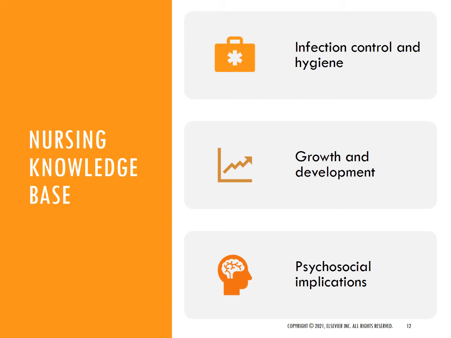We begin with infection control and hygiene because safety is always paramount. It's always our most important concern when providing care for patients. Remember, the urinary tract is a sterile system, and so we want to keep the patient safe by making sure that no bacteria is introduced into that system.